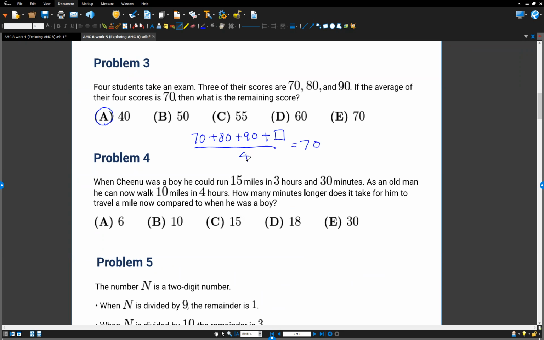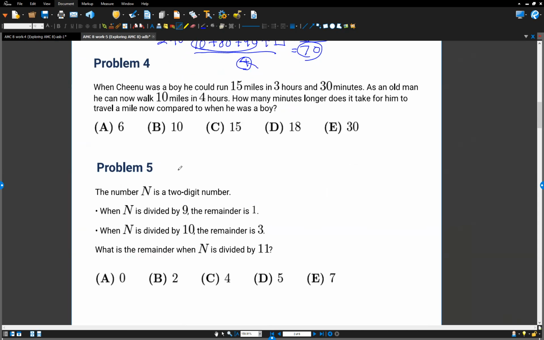So the sum of all these numbers is 4 times 70, and you get 280. Then add 70, 90, and 80 and get 240. And then 280 minus 240 equals 40. Excellent. Very good. I like that.